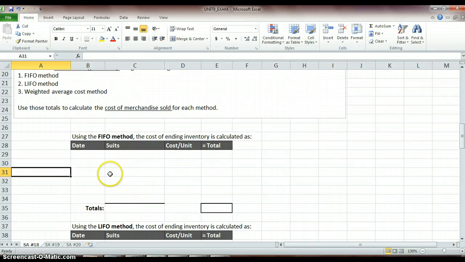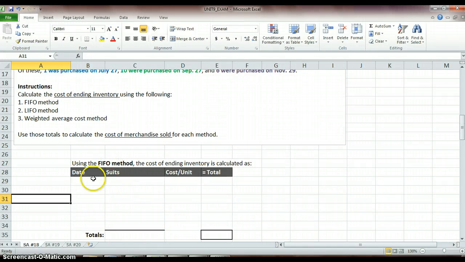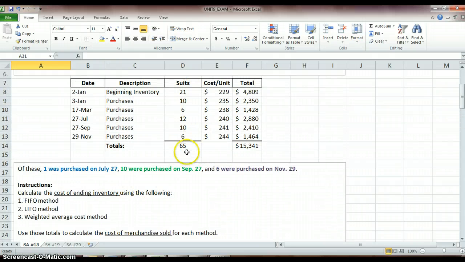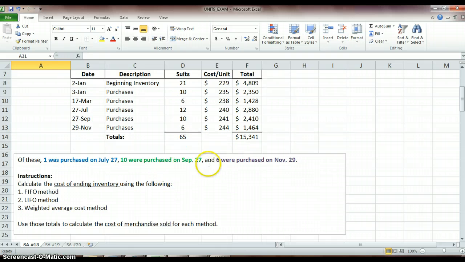In the FIFO method, we need to determine what chunk we're taking those 17 suits out of. With first in, first out, we want whatever suits we purchased first to go out first. So all of those suits can actually come out of our beginning inventory.